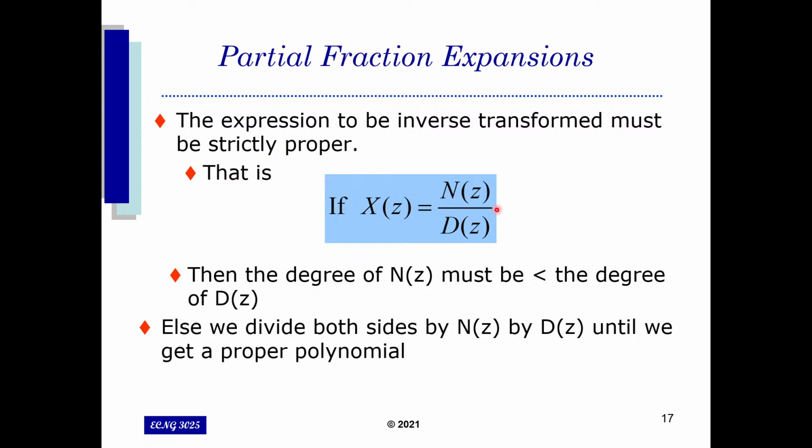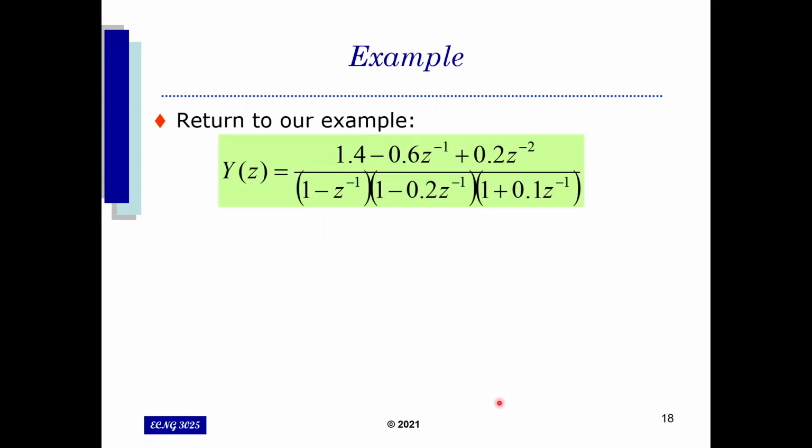Then you perform partial fractions on the remainder, and then you can do the inverse Z transform accordingly. You'll see an instance in the next lecture where we actually do this to satisfy the condition. But for now, we're just going to return to our general example for solving using partial fractions and the inverse Z transform table.